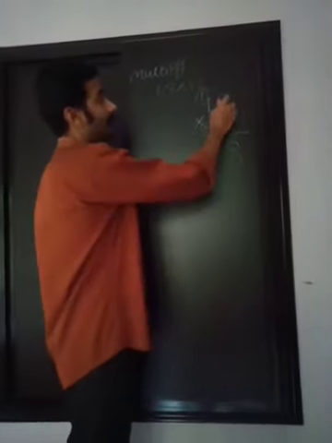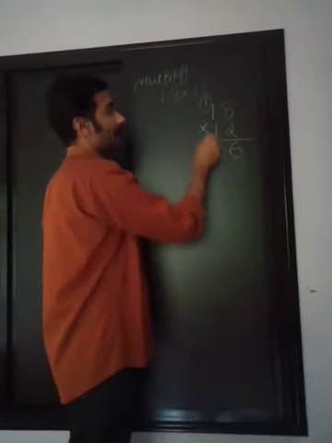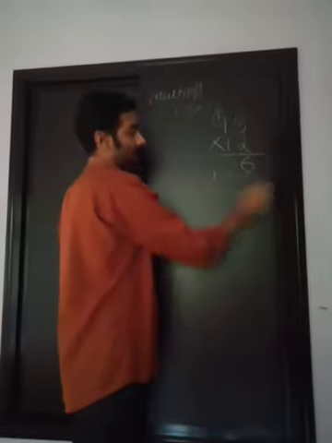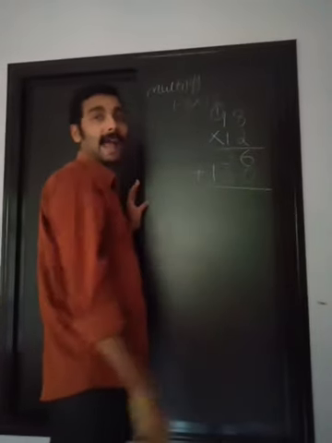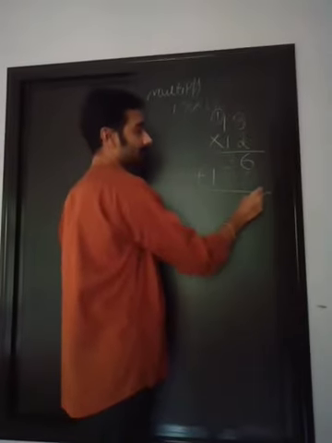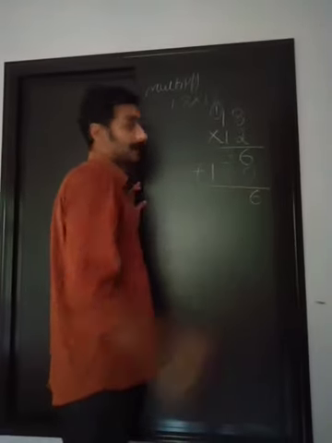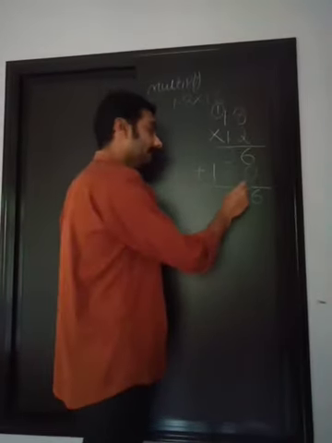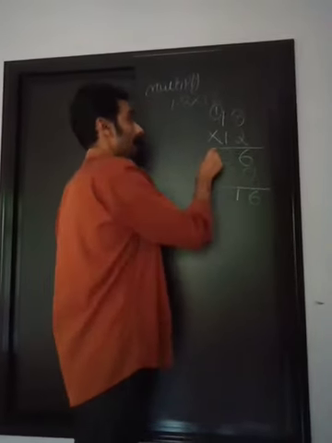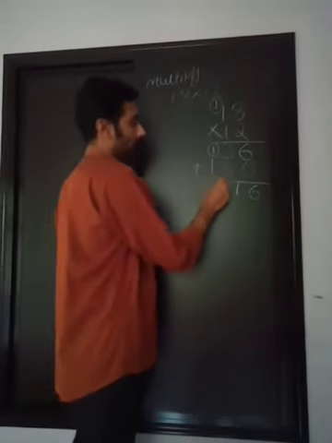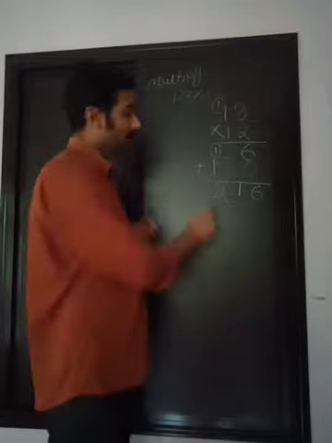Then 1 into 8, 8, and 1 into 1, 1. Then we add. 6 plus 0, 6. 8 plus 3, 11. Write 1 and 1 is carry over. 1 plus 1, 2. The result is 216.